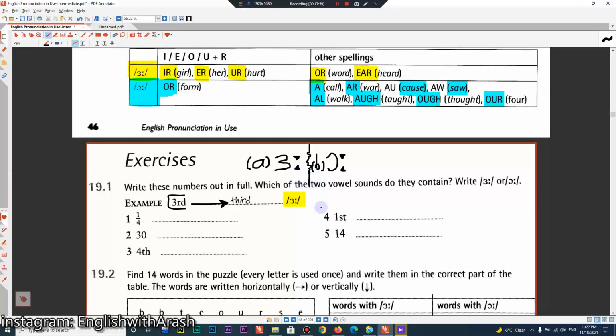Wahid says B. Exactly. Good, Wahid. Because this word is written in this format. Let me write it. Fourth. So exactly, this is the second sound. Fourth.